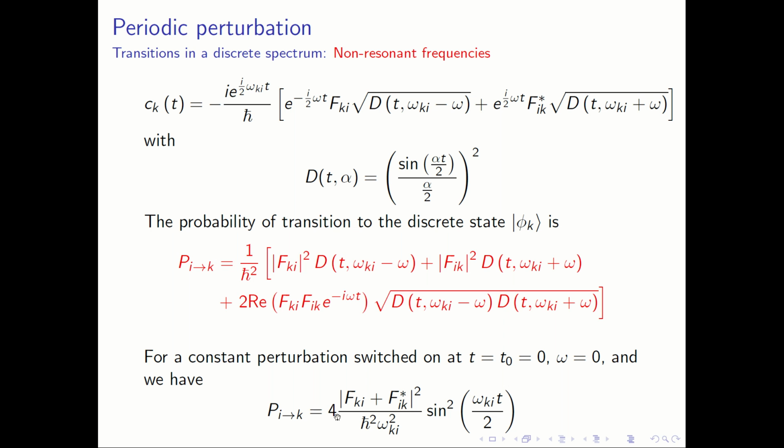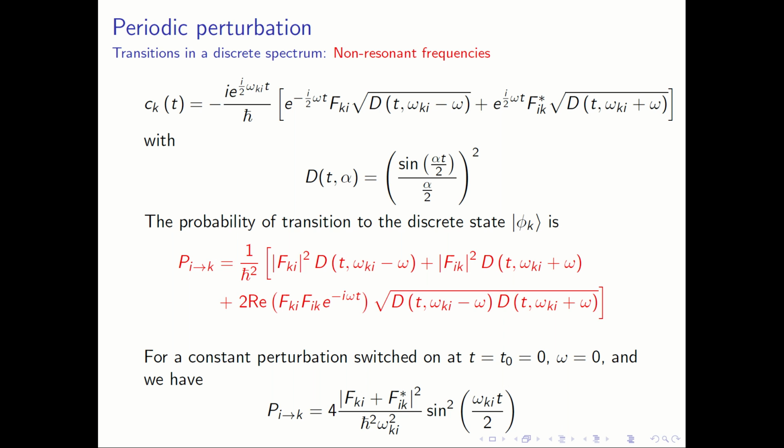So in this case at least there's no worry that you are going to end up with the probability which increases without any bound. After all, sine square is bounded, and because this factor is expected to be small, you don't really envisage any problems with using perturbation theory here. At least first order perturbation theory works fine.